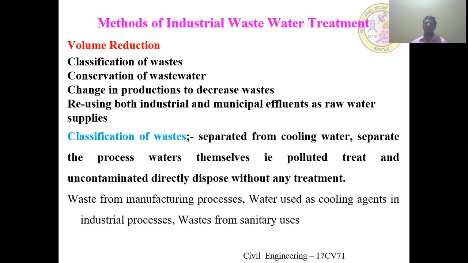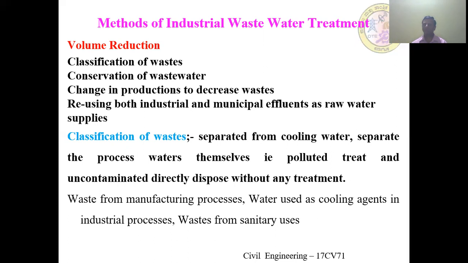As I mentioned earlier, in industrial wastewater treatment, you are going to get water from different sources, like washing of raw materials, washing of floors, washing of equipments, and at the end, washing the end product in some cases. So, if you classify the waste, collect separately.